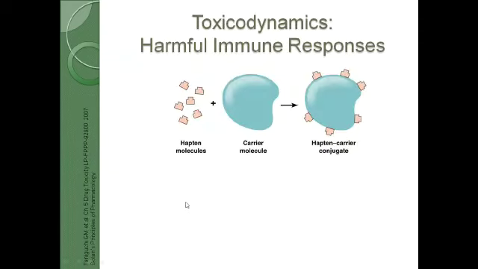Now let's try to understand toxicodynamics. I will give examples of harmful immune responses. Not only drugs acting on the receptors will cause adverse effects, but drugs also can induce adverse effects through immune responses.